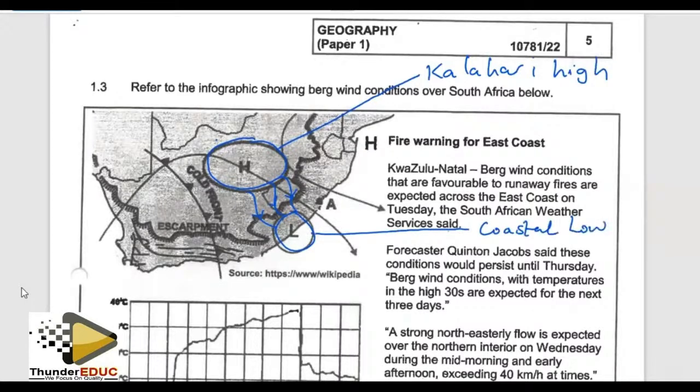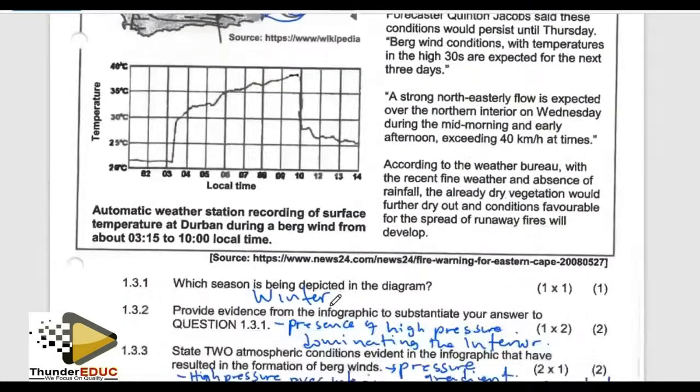So because of the presence of the high pressure cell over the interior and the coastal low over the coast, the pressure gradient does result in the development of the berg wind conditions.